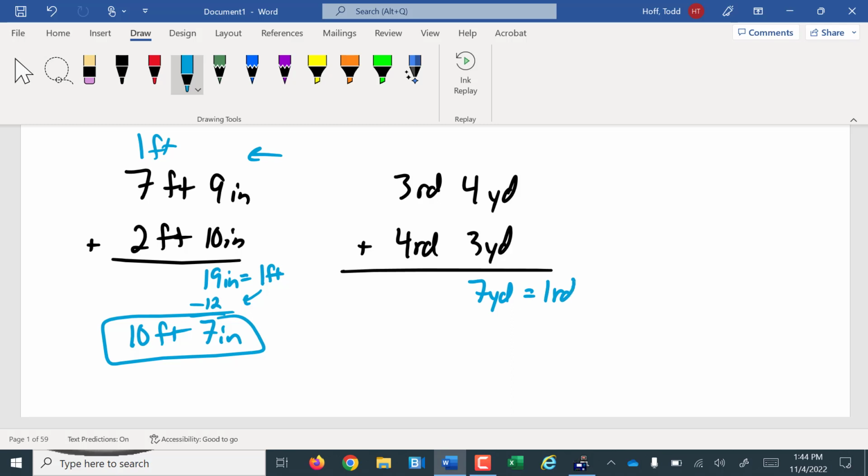That is bigger than a rod. Does anybody remember how many yards in a rod? 5.5. So we subtract 5.5, we're left with 1.5 yards. Carry the 1 rod, and we have 8 rods. Good.